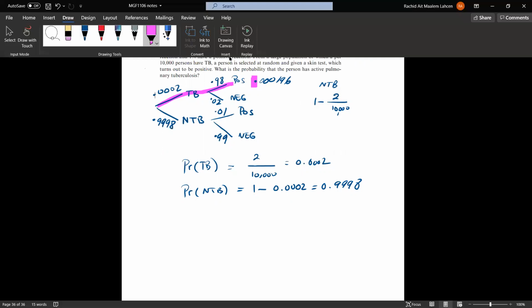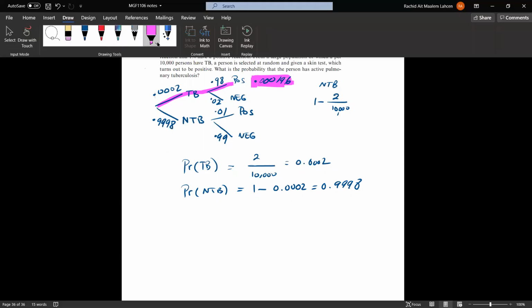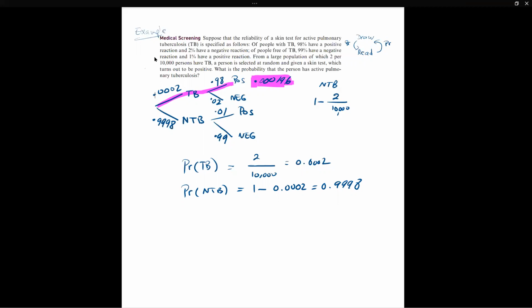Okay, so you see it like we did in the previous example. And now you can do the same for the others, right? So if you come through this other branch here, and you multiply 0.0002 with 0.02, you should get 0.000004.